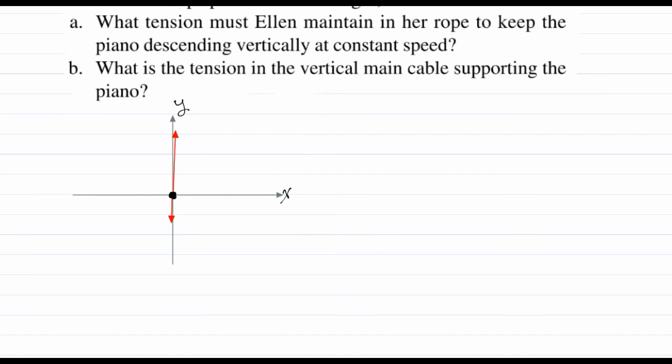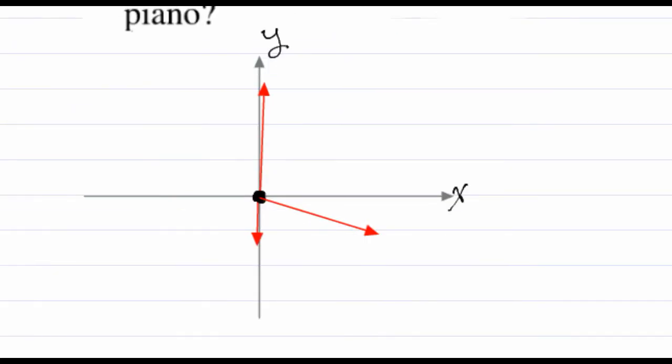Alright, now there's two other forces. The first is Ellen, who is pulling to the right at an angle of 25 degrees. I'm going to zoom in here. So this angle right here is 25 degrees, and we have Bob pulling on the other side at an angle of 15 degrees.